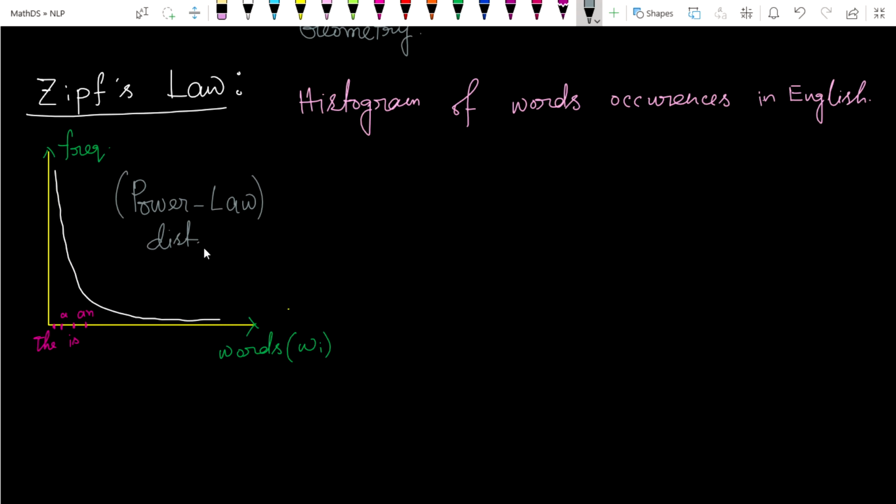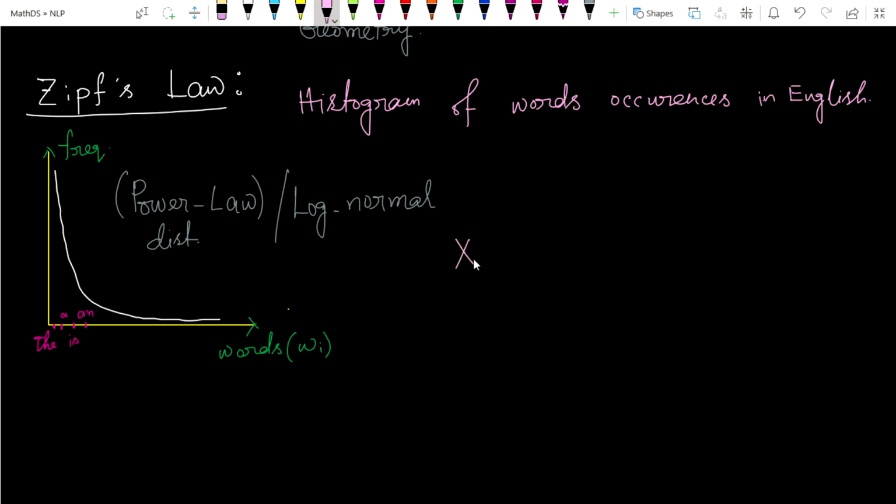Power law, or you can think of it as a log normal distribution.